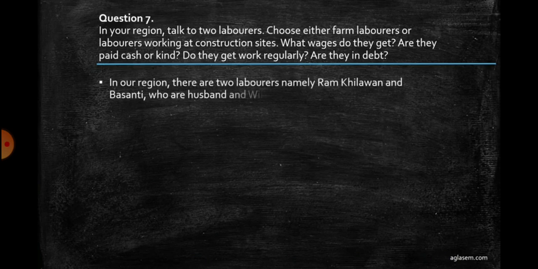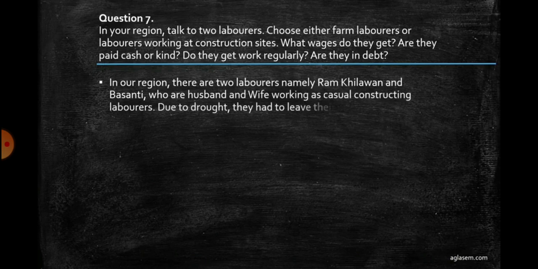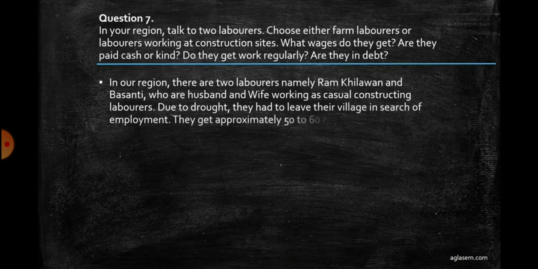You can write any other names also, who are husband and wife working as casual construction laborers. Due to drought, they had to leave their village in search of employment. They get approximately 50 to 60 rupees per day, which they are paid in cash.